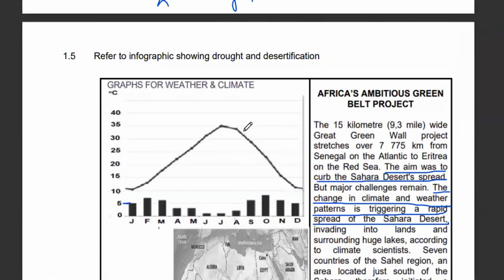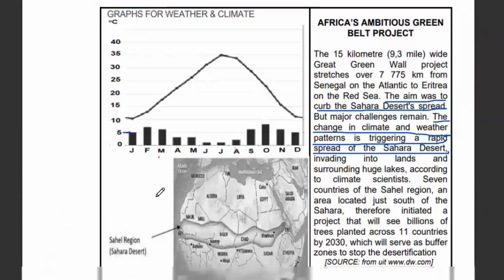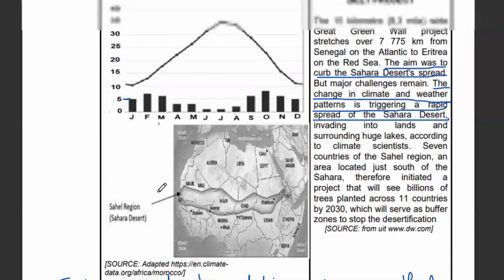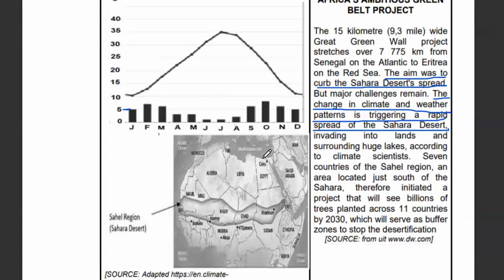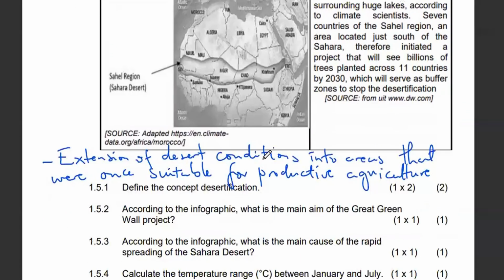But unfortunately here, our graphs do not indicate whether this is the graph for temperature, the line graph, or the bar graphs, or which one is which. We must be having a key on the graph to indicate which reading is for which particular variable. Since we are having two graphs here, we cannot ascertain which one is for temperature and which one is for the other variable, because there are two variables on the graph.